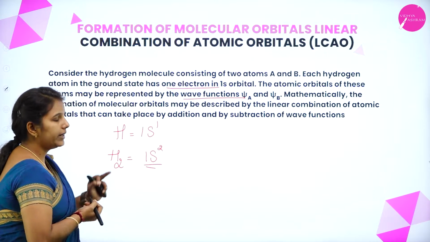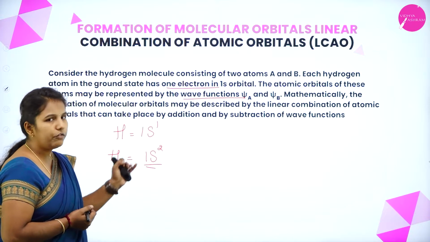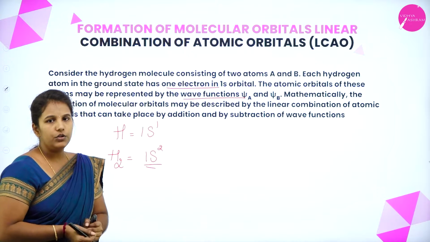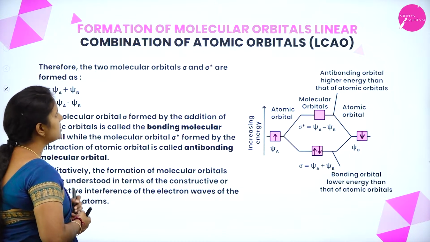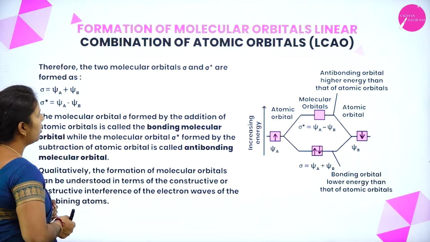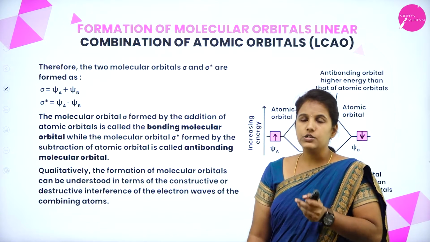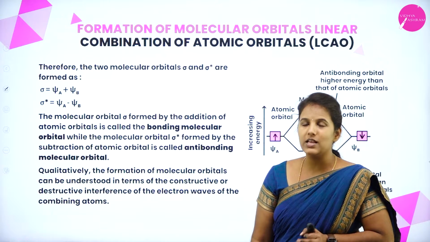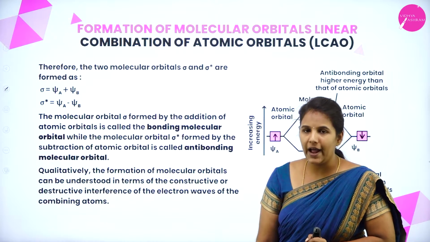And if you are writing this in LCAO, the wave function is used for the LCAO. Next is the formation of molecular orbitals by using what? Linear combinations of atomic orbitals. Already I have explained that. So we use wave functions known as psi A and psi B because we are studying the hydrogen molecule.